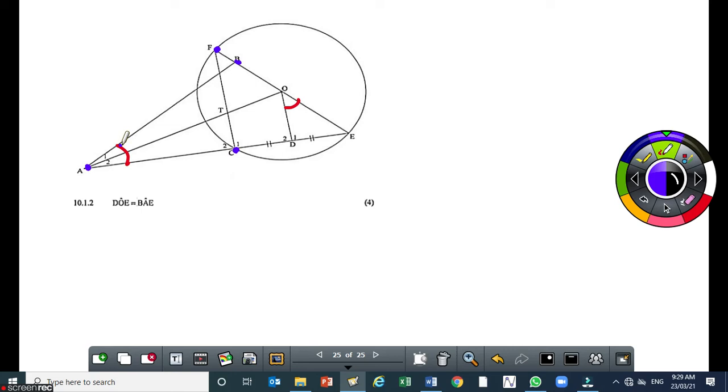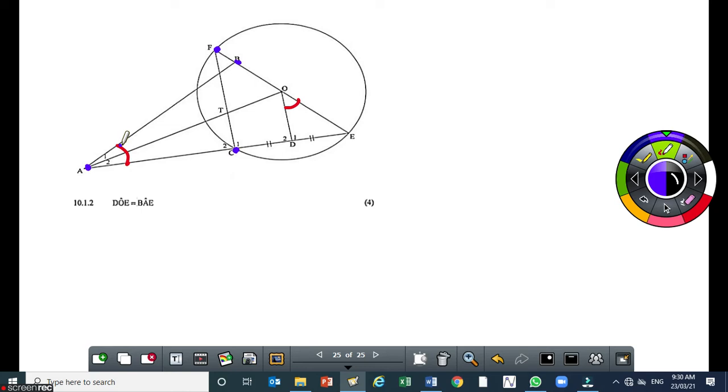Once you prove that the two triangles are similar, then you can conclude that those two angles are equal because of corresponding angles. Remember, the corresponding angles of two similar triangles are equal.